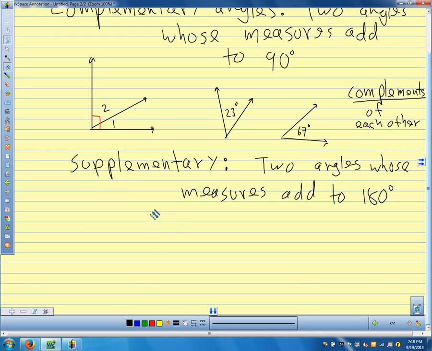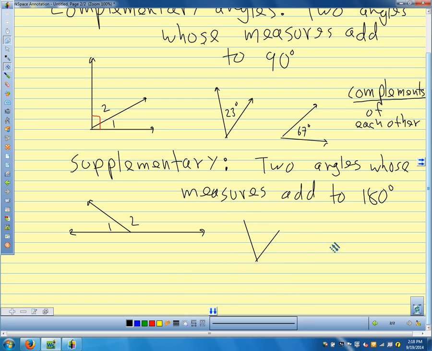So, picture for a supplementary angle pair. We already drew one. It looks like that. Angle 1 and angle 2 are supplementary. And they don't necessarily have to be adjacent.